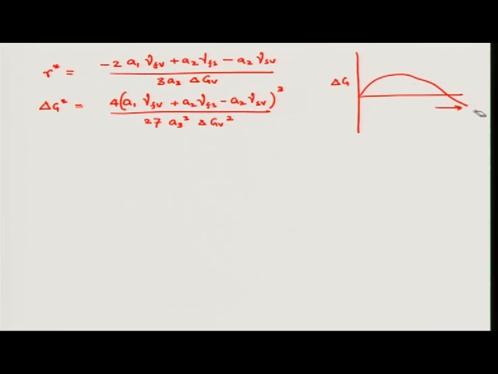This is delta G star and this is R star. When R is increasing due to growth of the thin film, if it crosses this barrier or this radius, then the free energy change will be negative, and then your thin film or nuclei will be stable.